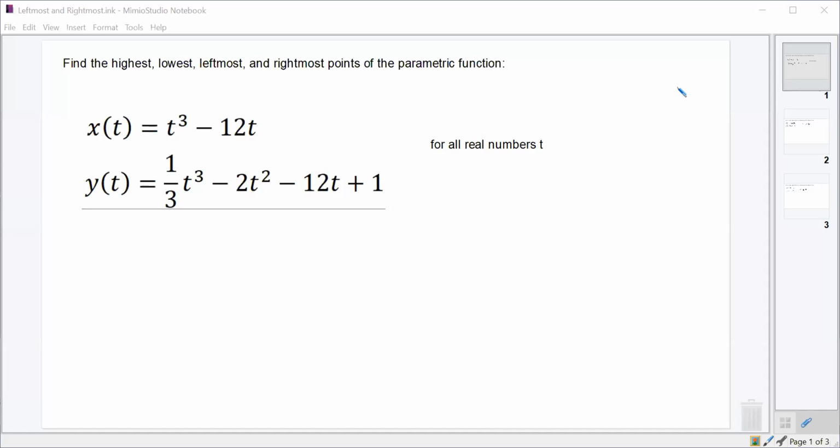And a left or rightmost point should only occur if the rate of change of x is 0 or undefined. So all we need to do is figure out when dy/dt is 0 and when dx/dt equals 0 and see what we've got going on there. There's a little bit more to it than that, but we're going to start with that. Does that make sense to everybody to start with?